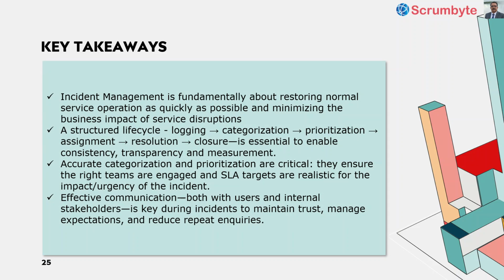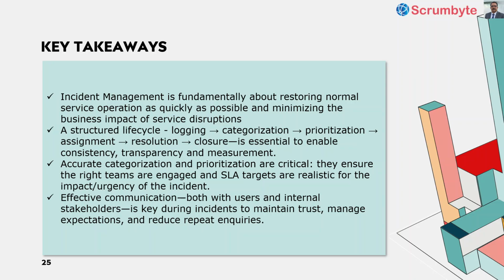One of the first things is that incident management has to ensure that the operations are up and running as quickly as possible, and there should be minimal business impact, or no service disruptions. That is the first important thing that needs to happen in an incident management process.